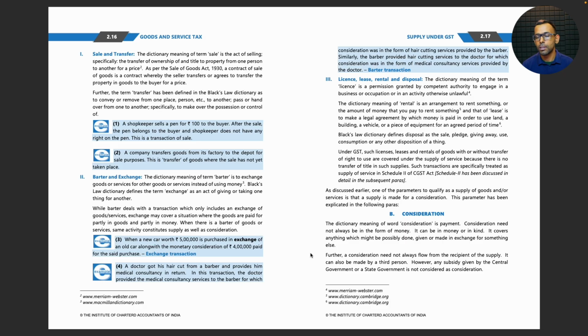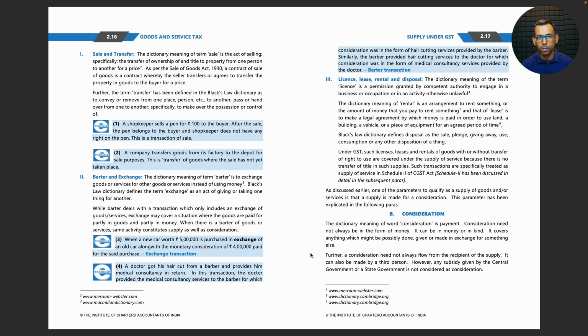But exchange is different. It is what you normally do on Amazon or Flipkart, isn't it? Let's say you want to buy a new smartphone and you give your old smartphone as exchange. Let's say your new smartphone is 50,000 in price, and for the smartphone that you are currently using, Amazon says that we will take it for 8,000 rupees.